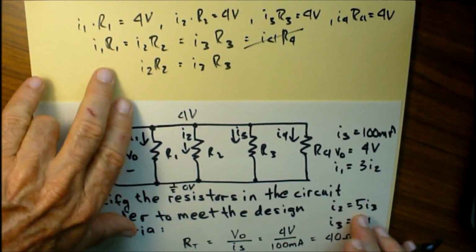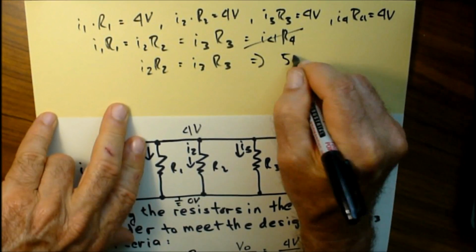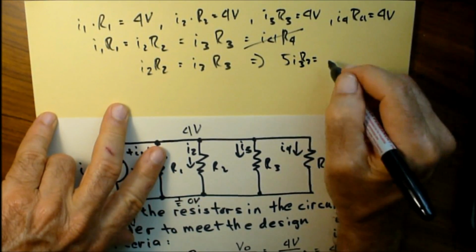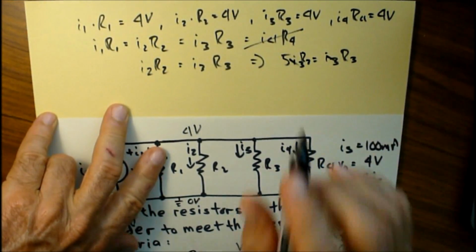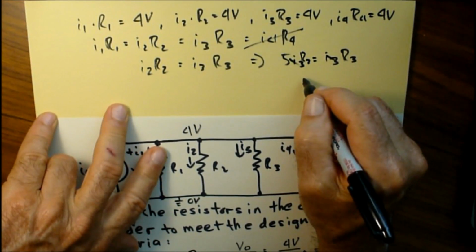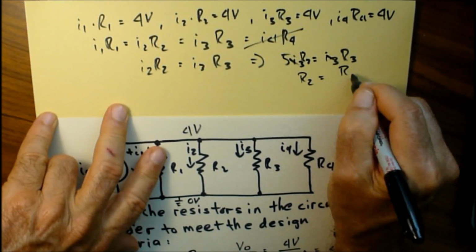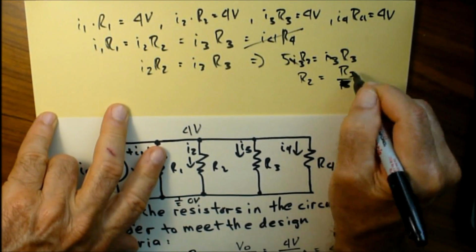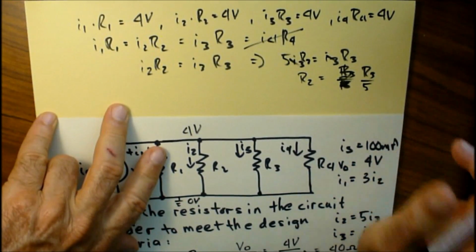So I2 is equal to 5I3, so let's change that to 5I3 times R2 is equal to I3 R3. These I3s cancel, and then we get a relationship between R2 and R3. We have R2 is equal to R3 over 5. Let's write that, R3 over 5.